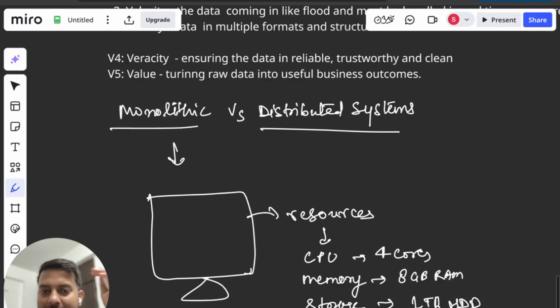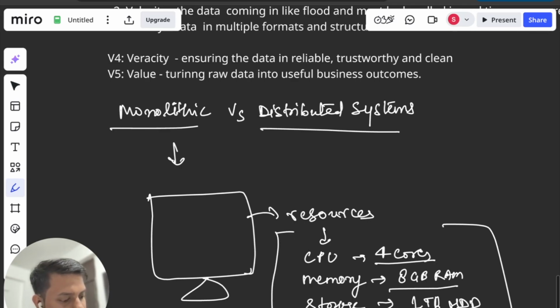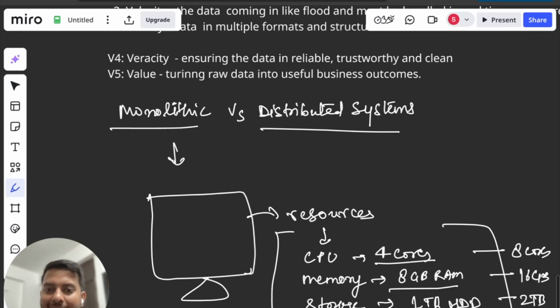Now the resources which you have for this computer are a 4 core CPU, 8 GB RAM, and 1 TB hard disk. Suppose you want to double these resources: the CPU to 8 cores, the memory to 16 GB, and instead of 1 TB you want 2 TB. That's what doubling the resources means.